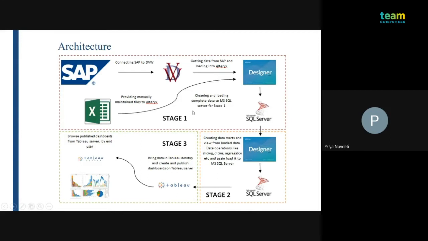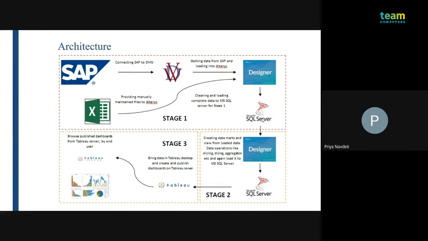Why are we doing this in three stages? Because in stage 1, from one SAP T-code or from the report, if they have around 50 fields or 20 fields, we are pushing all of them in stage 1. So we pull all the 20 fields in stage 1, and then we push them again to the SQL server.